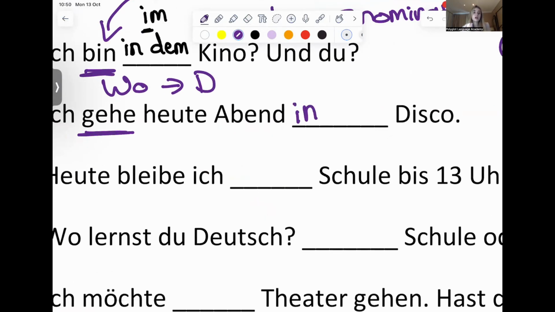The reason also why we're trying to figure out whether there's movement or no movement is because of this preposition in. This preposition in is extremely problematic. I'm just joking. It's called a Wechselpräposition, which means it essentially can change between the cases.